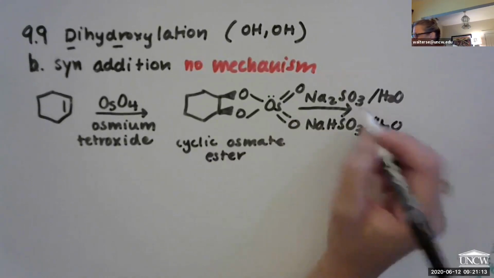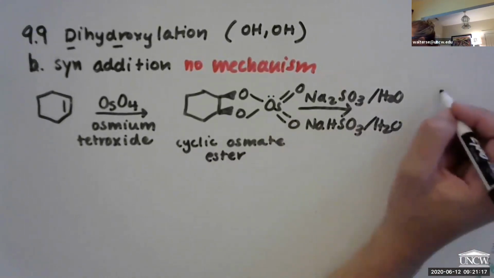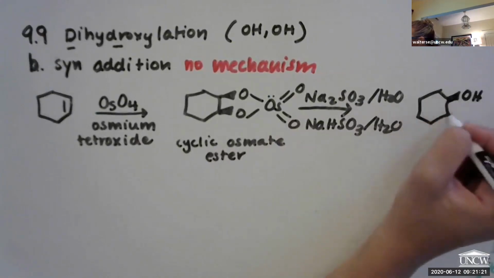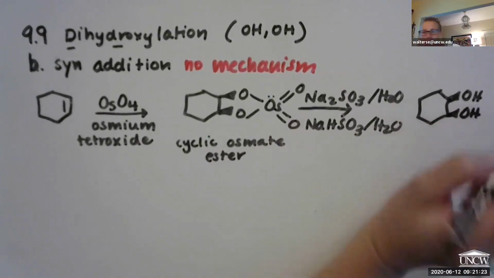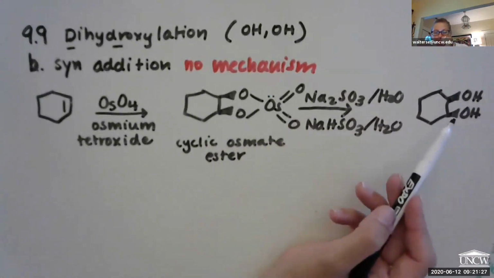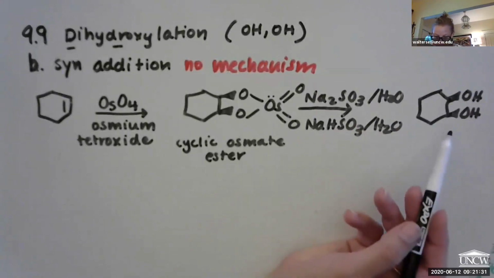Both will work. Just have to remember one of the formulas. And you make a cis diol. Okay. There's not an enantiomer because if they were both on a dash, they'd be the same compound. You could flip them and superimpose them.